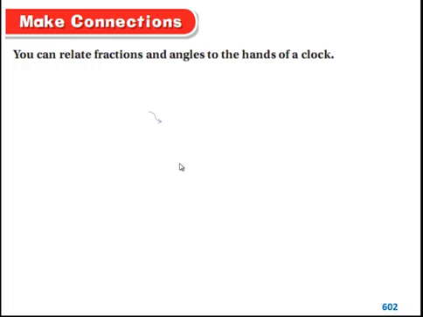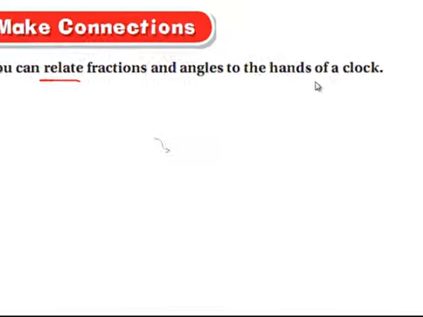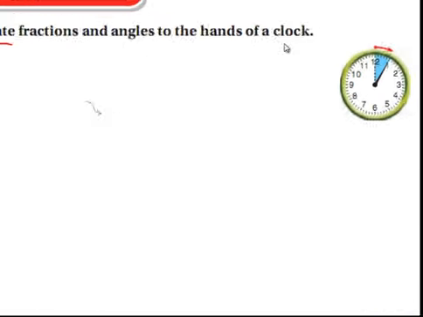Now let's go to the second part in our lesson, which is make connections. You can relate fractions and angles to the hands of a clock. Can you see this picture?